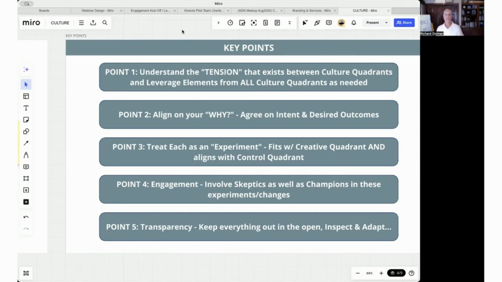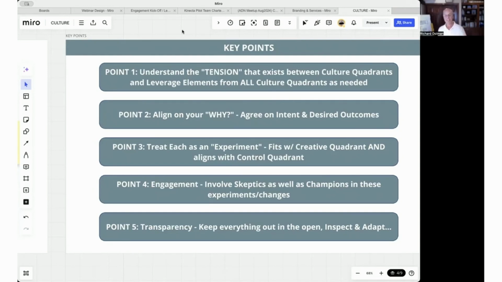Point number three, treat each of these ideas potentially as an experiment. Now, I'm going to emphasize that you want to bring discipline into your experiments, because experimentation certainly lives up in that create quadrant, right? We're dealing with complexity, we need to iterate, so we use a lot of experimentation. Most organizations kind of treat experimentation as this loose thing.